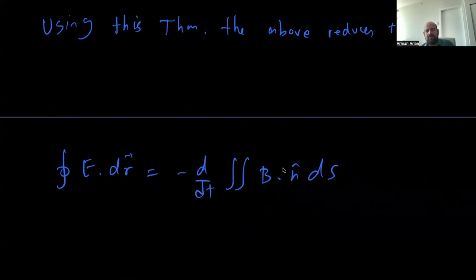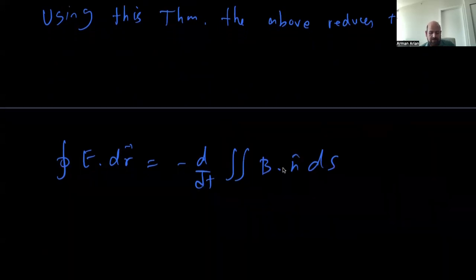Now B dot n dS is the flux. So we can interpret this as d to dt of flux, the rate of change of flux. So the right-hand side becomes the rate of change of flux.